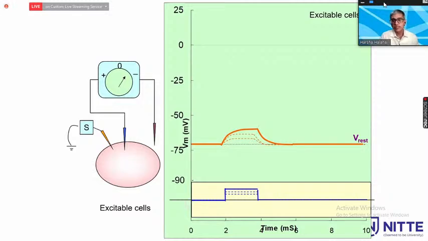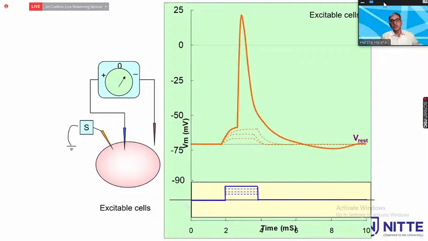In fact, if the membrane potential crosses a particular threshold, you get a very different type of response, a runaway response. The membrane potential becomes very much positive very rapidly. In fact, it crosses zero and becomes positive, and then declines relatively rapidly back to its resting state.